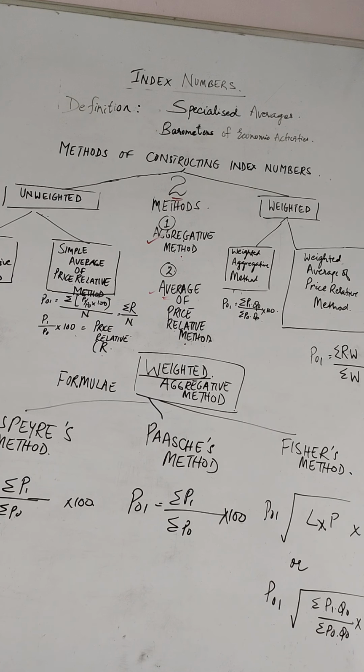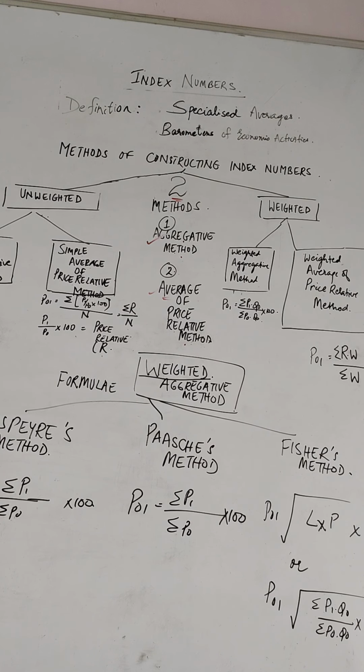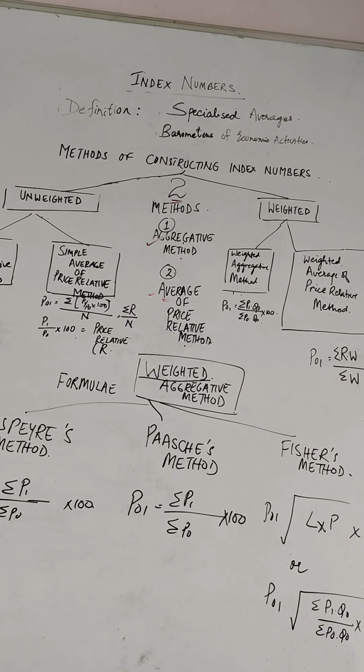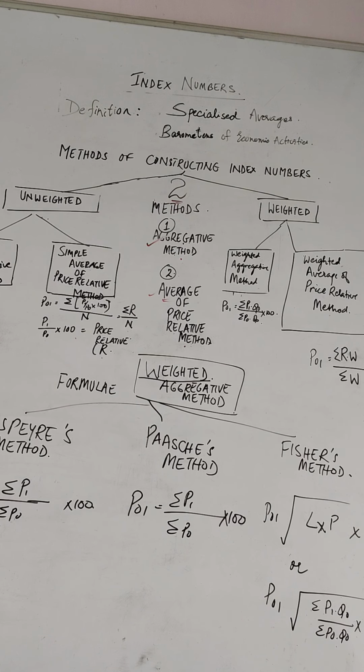Now before I go on, let me talk a little more about what weights are after all. What do you mean by weights? What is the weighted aggregative method? I've already repeated myself time and again that an index number becomes a weighted index number when the relative importance of items is taken care of.